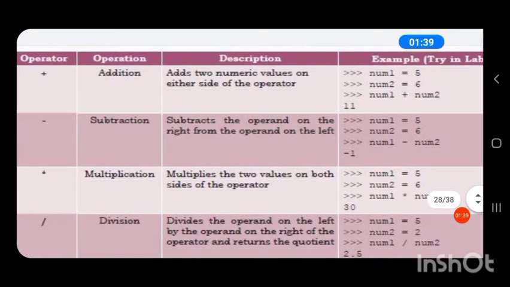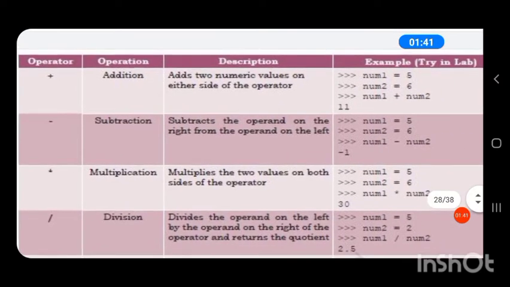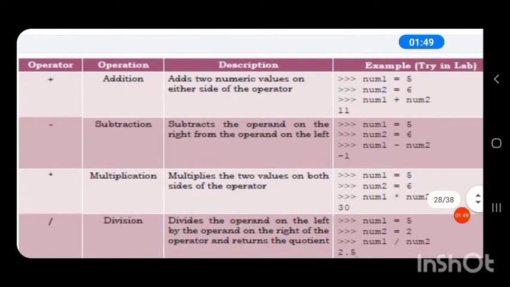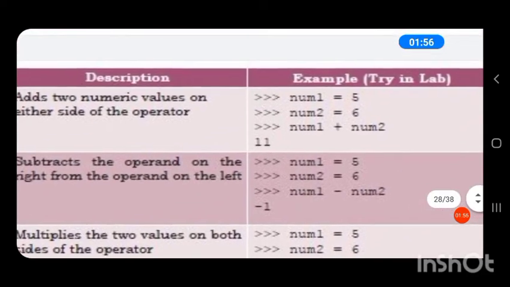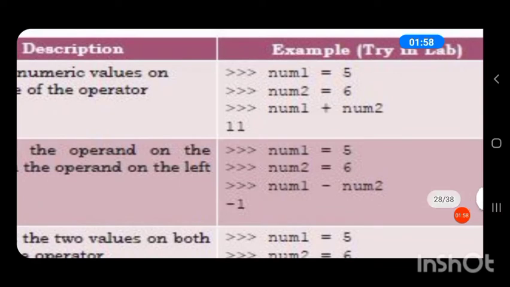Let us see the different types of arithmetic operators. The first is plus, which is used for addition. It adds two numeric values on either side of the operator. Look at this example: num1 is equal to 5, num2 equal to 6.